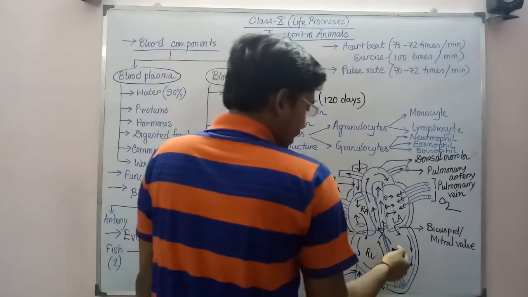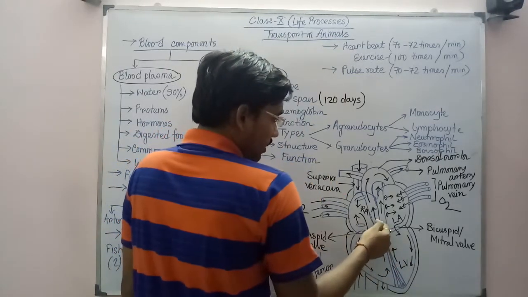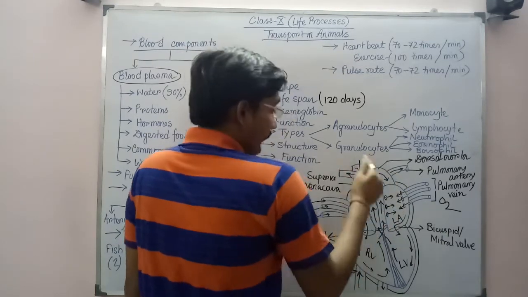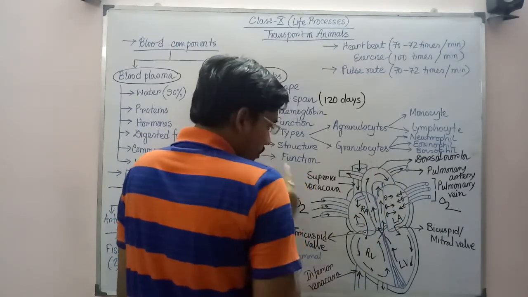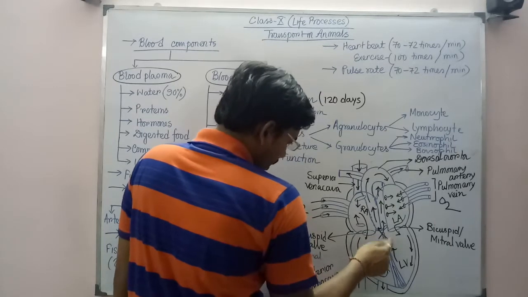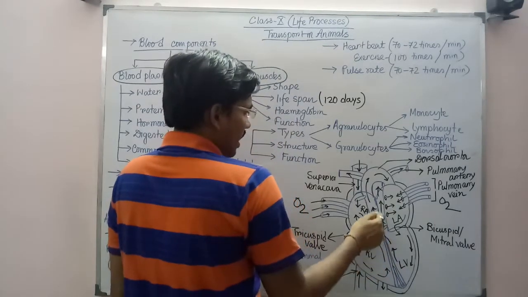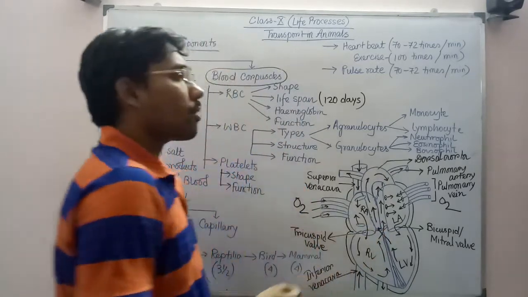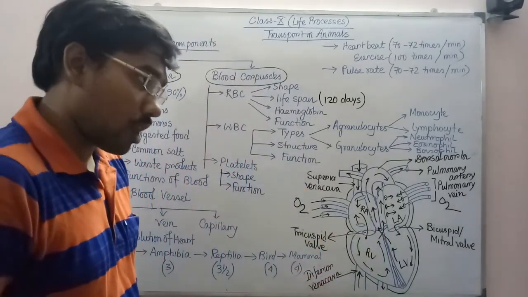When it contracts, the blood will start entering a specific structure that is commonly known as dorsal aorta. Another important piece of information is that when the oxygenated blood is entering the dorsal aorta, there is also a small aperture that is commonly known as semilunar valve.